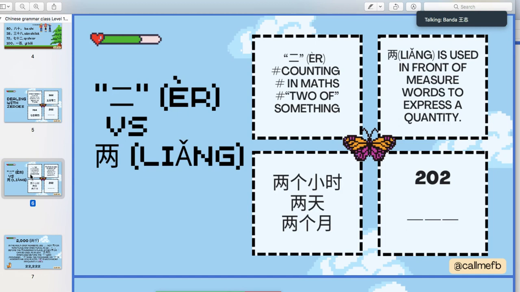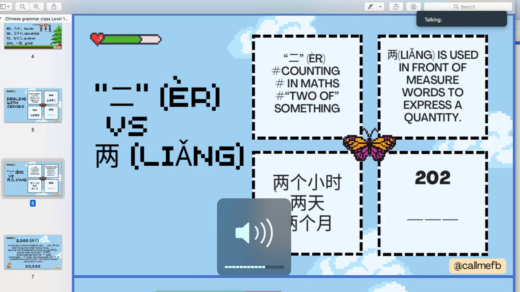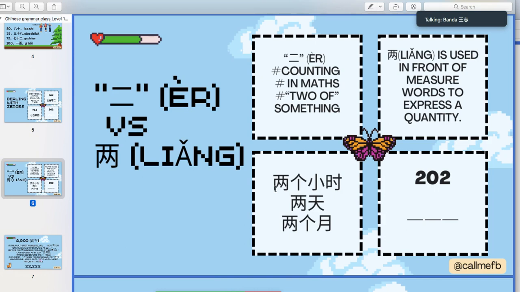On the other hand, we have seen Liang being used as a measure word, or to express quantity. For example, here we have hours. When we have 2 hours, what do we say, More? 2小时? Yes, very good.